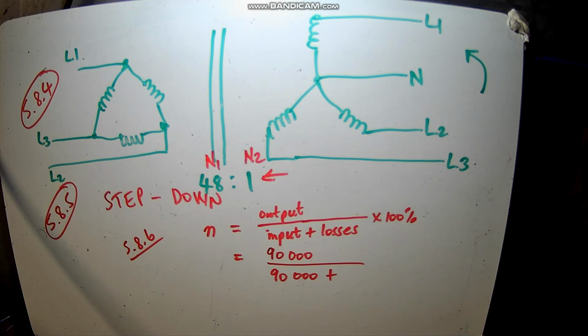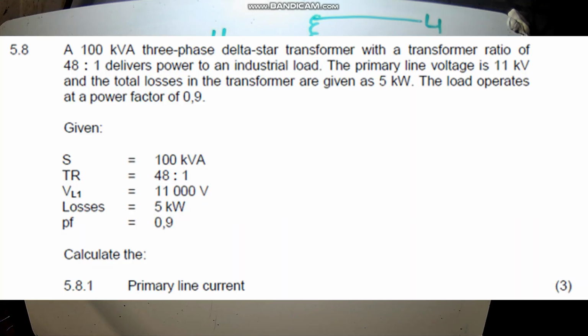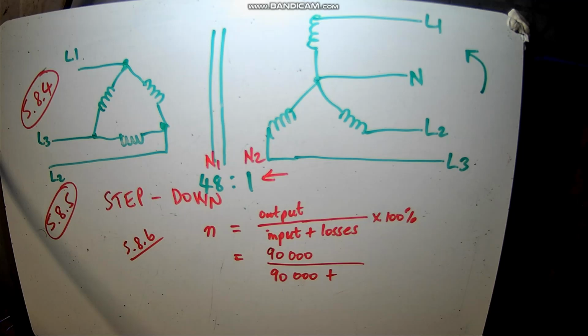And if you read in the question, I didn't put this as a fact, but it is listed there. It says losses is 5 kilowatts. Don't forget that is 5,000 watts, not 5 watts. So 5,000 watts. And then punching that all into our calculator, we get an answer of 94.74%.